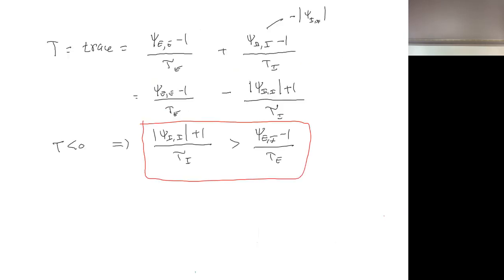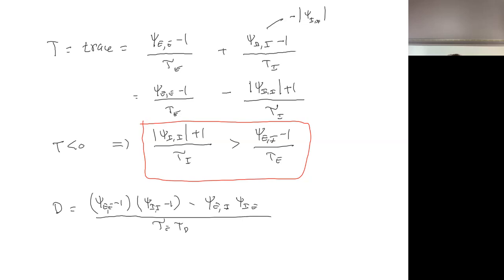So that's the determinant, that's the trace. The determinant I won't spend too much time on. The determinant is psi E minus 1, psi I minus 1, minus psi EI psi IE over tau E tau I. Turns out the time constants don't matter, so the time constants don't affect the determinant.